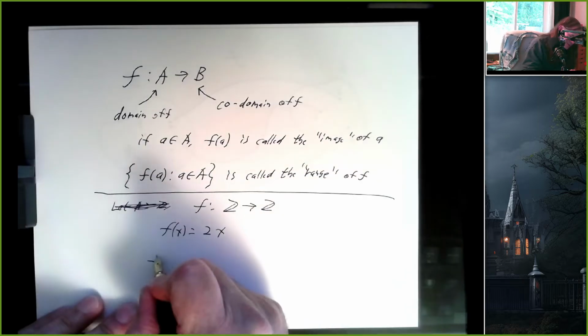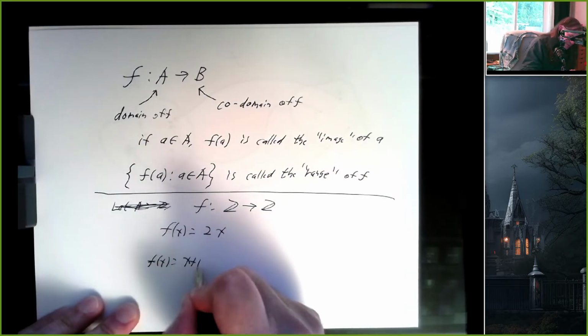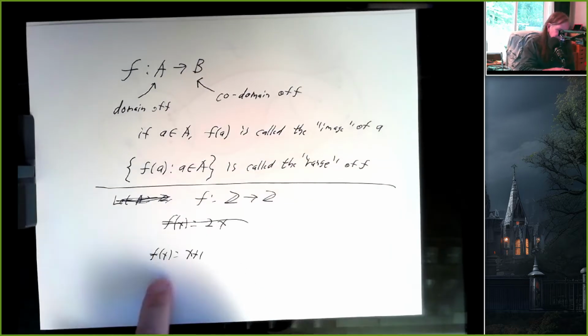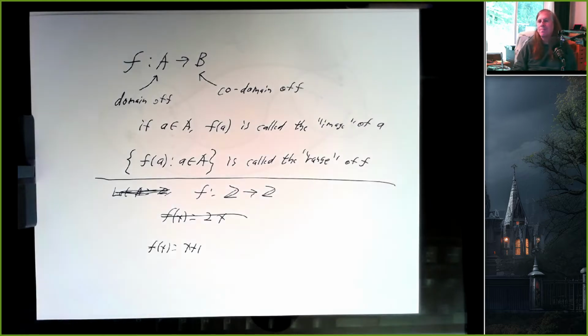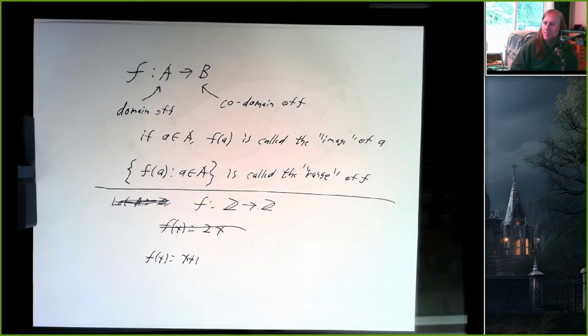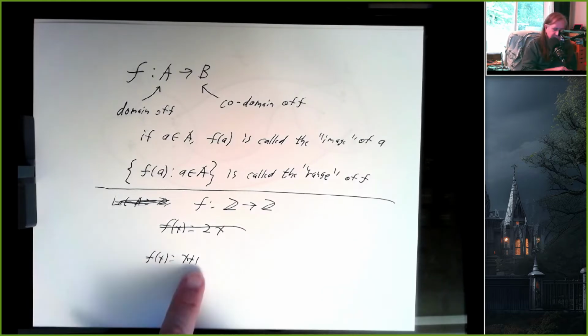So what if f of x equals x plus 1? Same domain and same codomain. What's the range of this function? F of x equals x plus 1. So that's also going to be the set of all integers. Right? It's not just the odds, because f of 3 is equal to 4.